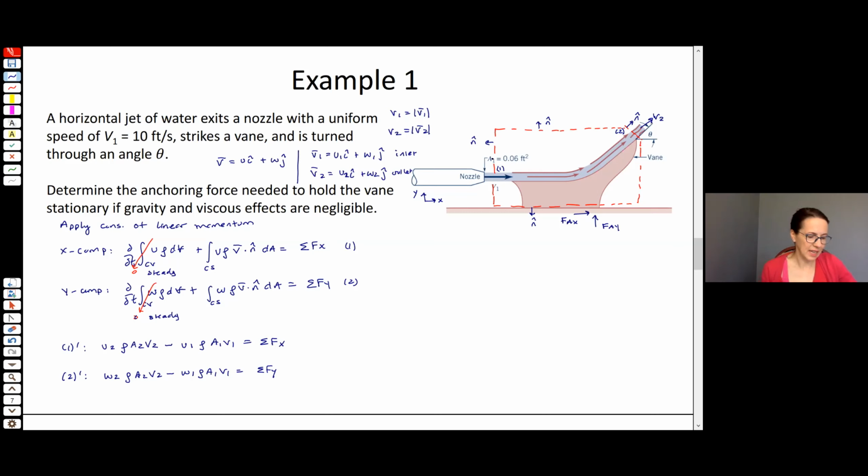All right, now we've neglected gravity and viscous effects. So by the Bernoulli equation, V1 is equal to V2, and I'll step through that.